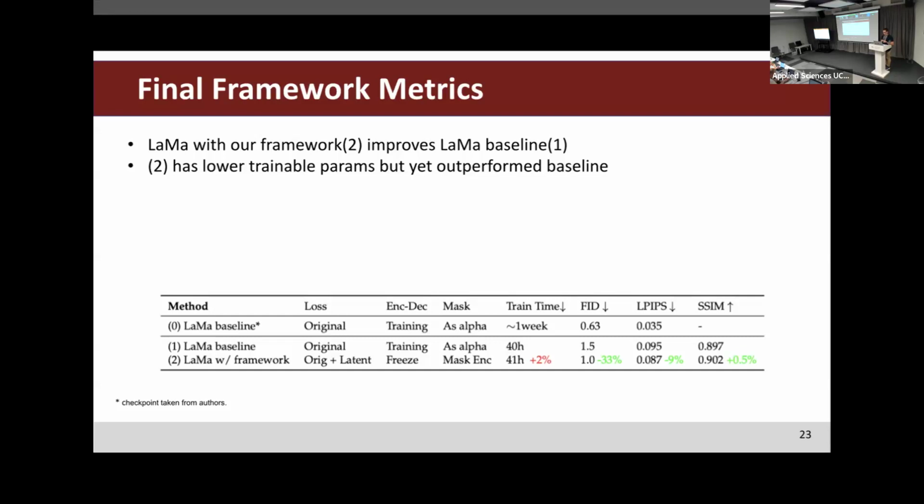Okay. I see. And to clarify, do I understand correctly that this LaMa baseline framework is currently the state of the art framework? And at least in your setup, you improve on this state of the art, right? Yep. Okay, thank you.